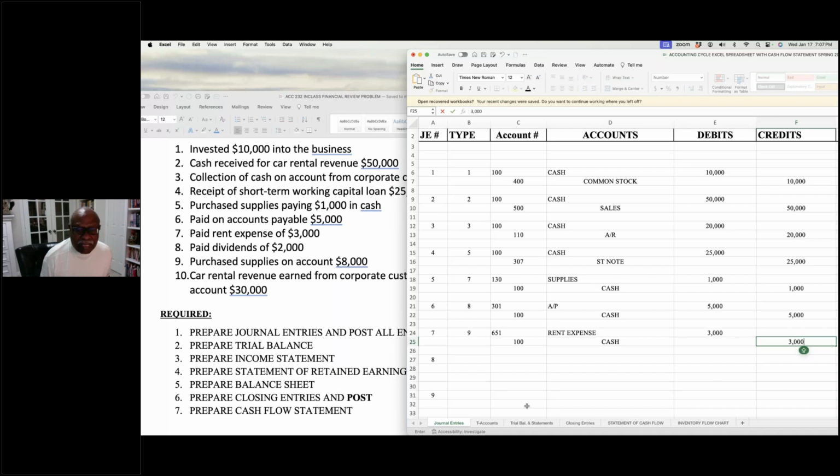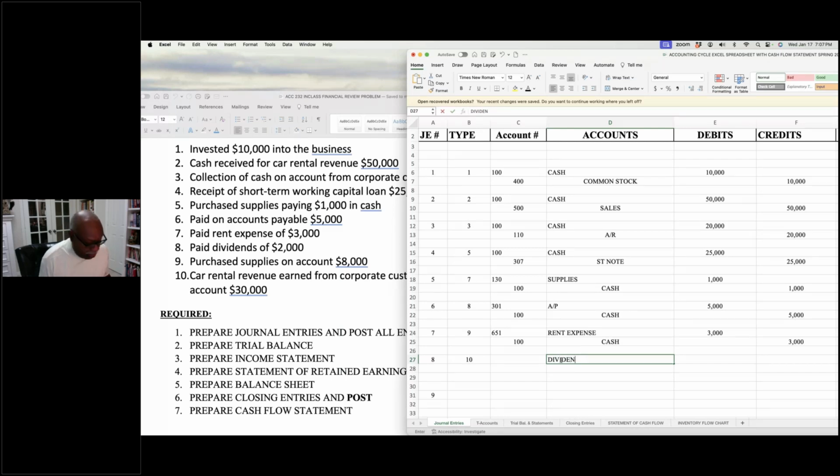What's our type there? Type 10. It's a type 10. What account are we going to debit? Dividends.